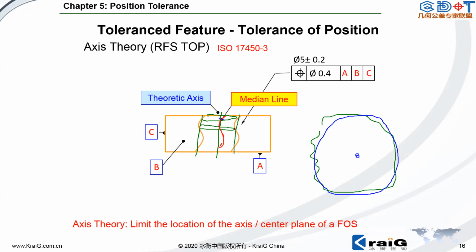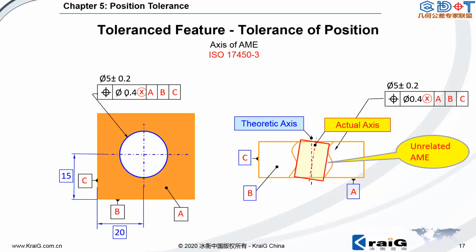The next question: if I want to measure the AME, how could you do that? Because from a function point of view, the AME represents the function. So I would like to explain how we could use the AME to simulate the function. In this case, we need to change this joint. How to change that? You need the symbol X circled here.